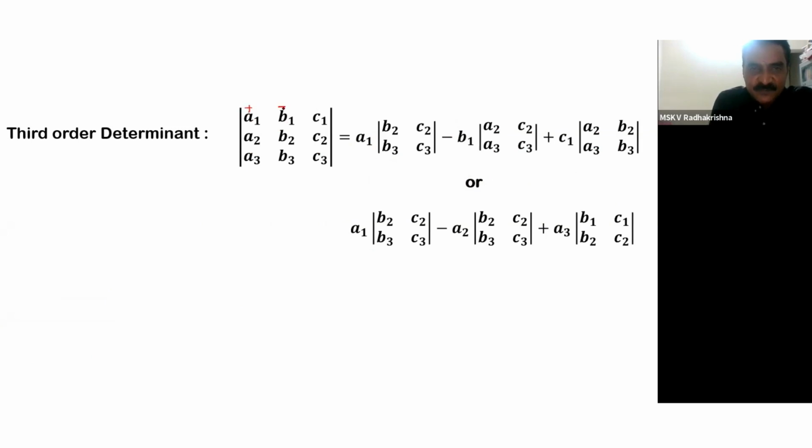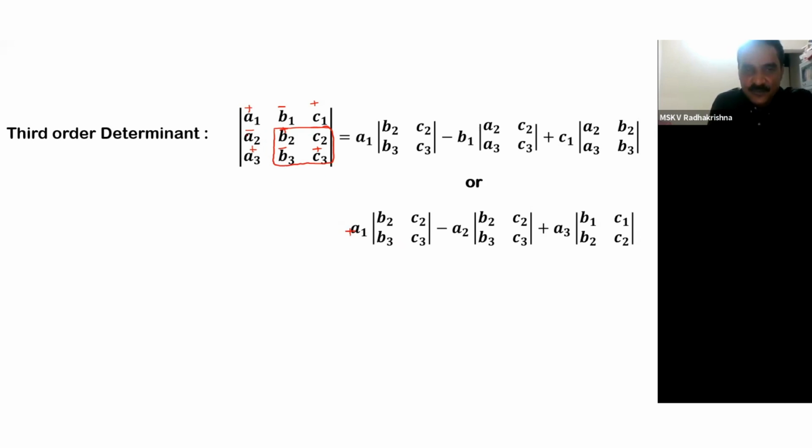Again, plus, minus, plus. If you want to use first column and find the determinant, you have to take plus A1 into the remaining subdeterminant. What is the subdeterminant? Removing the row containing A1 and column containing A1, the remaining subdeterminant is this.